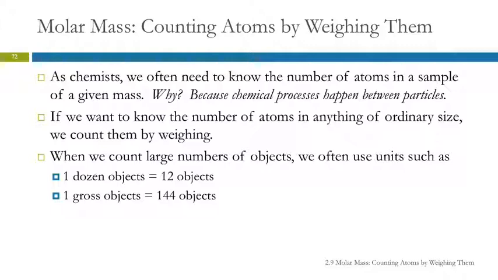Another one that we see sometimes is one ream. A ream is 500, usually used for paper. A ream of paper is 500 sheets of paper. And when you buy a ream of paper, I've never personally counted to see if there were actually exactly 500 pieces in there.